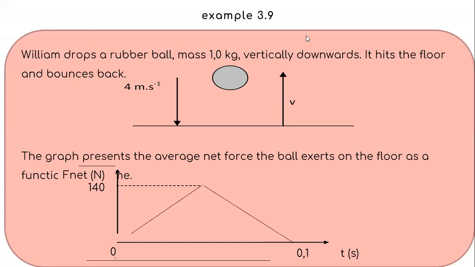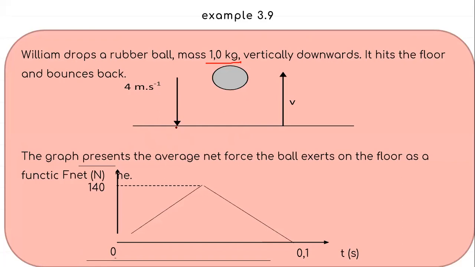So, William is dropping a ball, and this ball has a mass of 1 kilogram. As it is moving, it moves with a velocity of 4 meters per second somewhere on its journey, but it has been dropped and it is going vertically downwards.